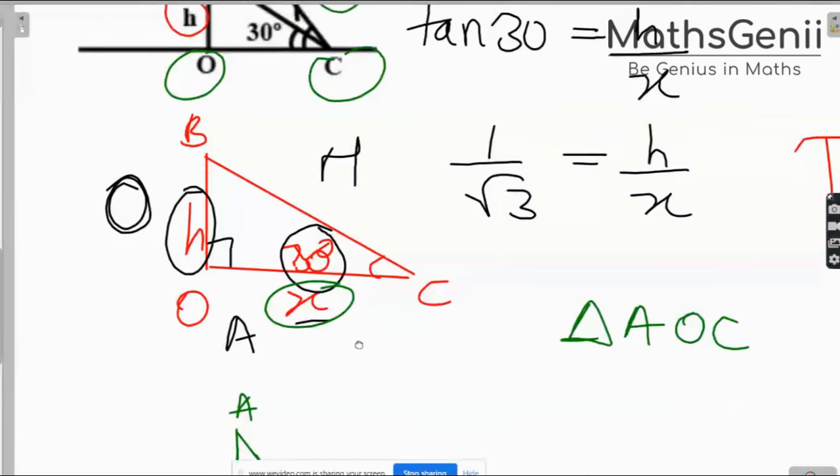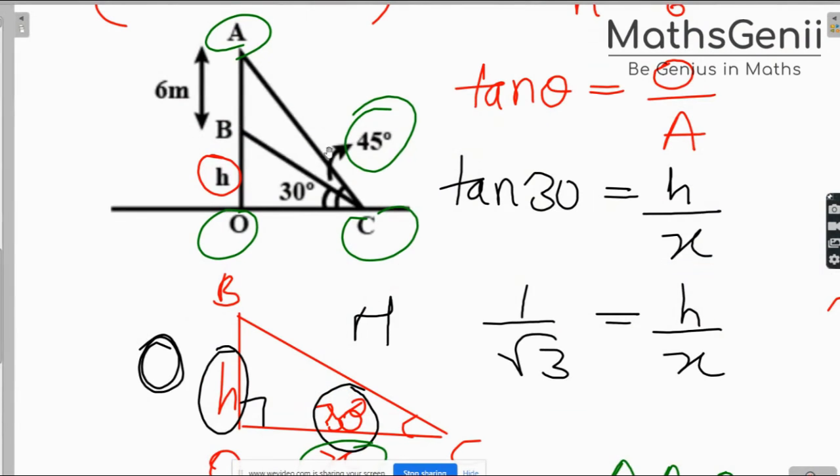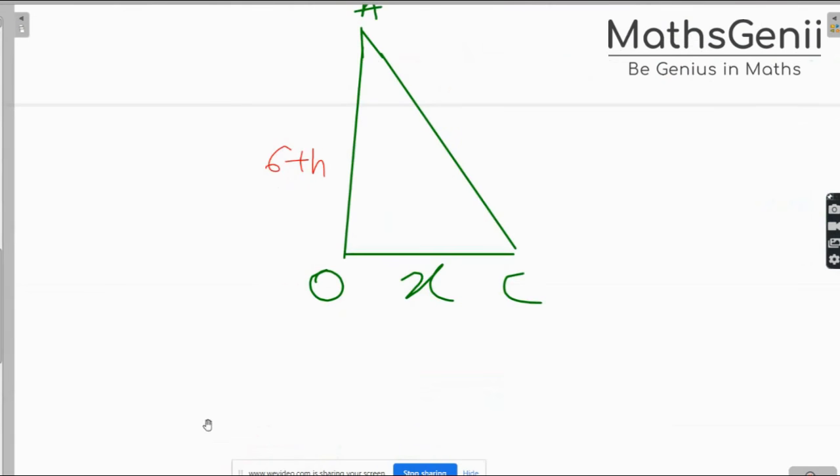And what is angle C? Angle C in this big triangle is 45. Again I am applying the same formula. Tan theta is equal to O upon A. Then theta is how much? 45.